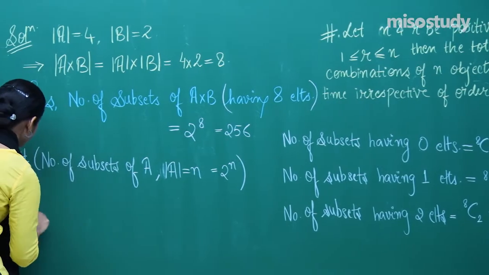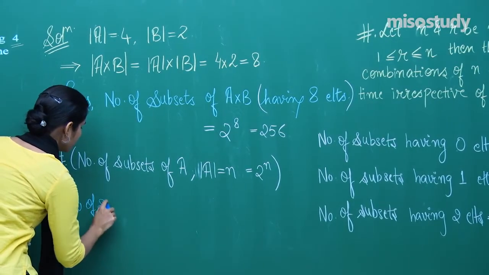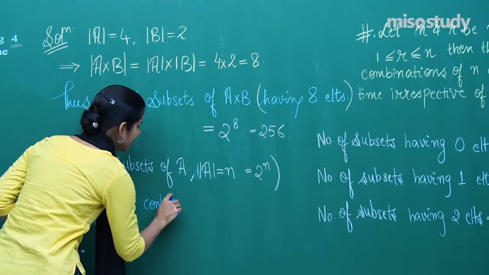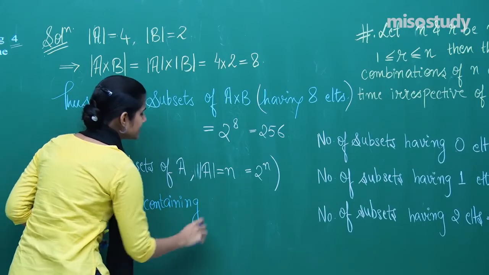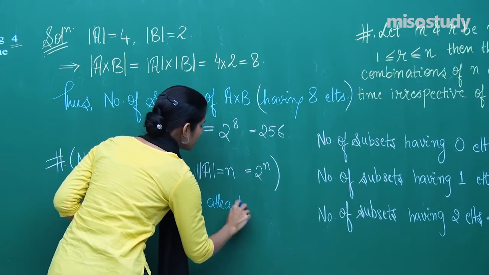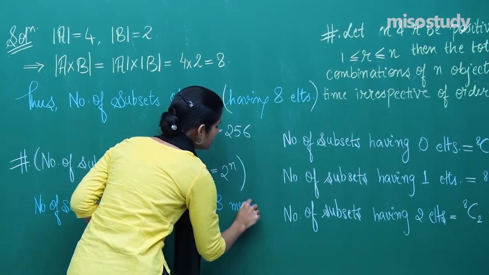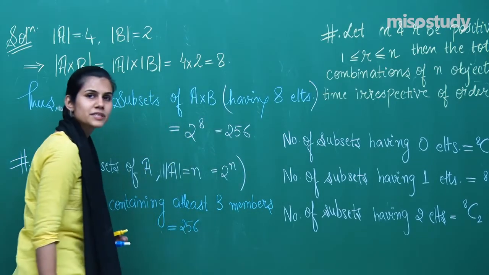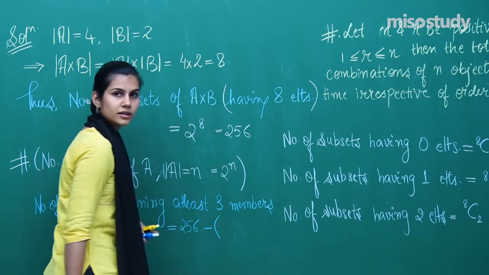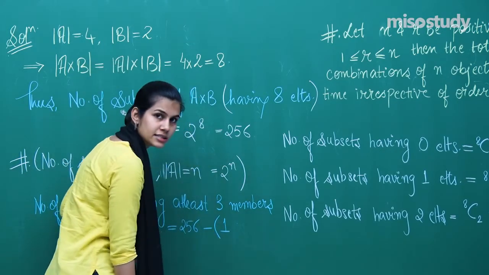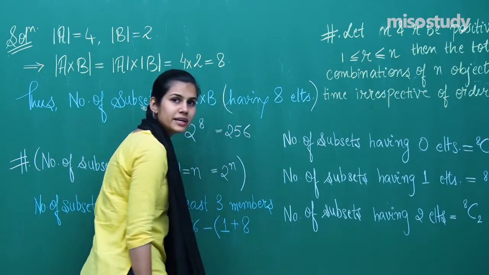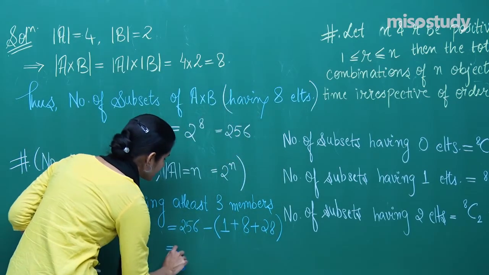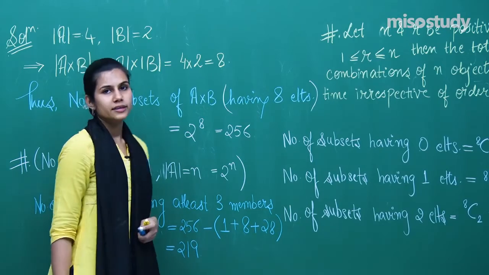The number of subsets containing at least 3 members out of 8 members of A cross B is: out of all the subsets of A cross B, remove subsets which contain 0 elements, subsets which contain 1 element, and subsets which contain 2 elements. And you are going to get this number as 219.